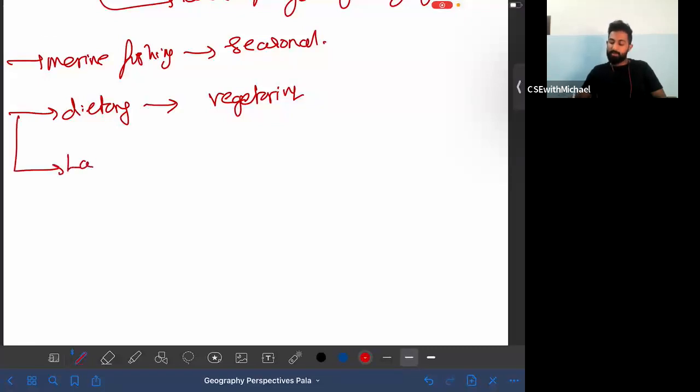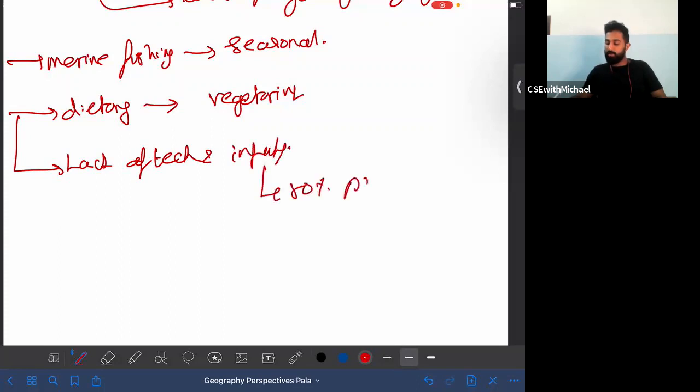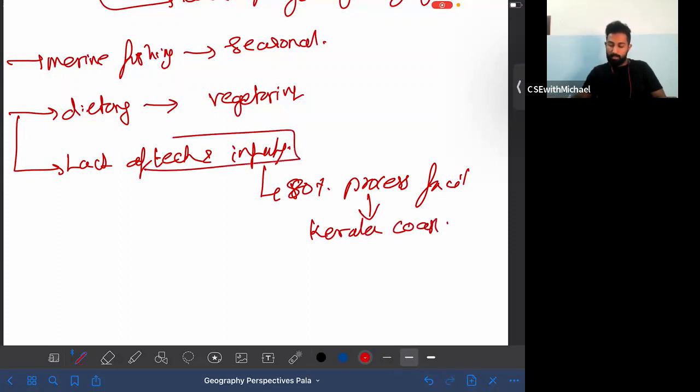There is a lack of technological development, lack of modern tech and infrastructure. For example, about 80% of the processing facilities can be found in coastal Kerala. So you can imagine the condition in the rest of the parts of the country. Food processing is also absent. Tech and industry conditions are very limited.